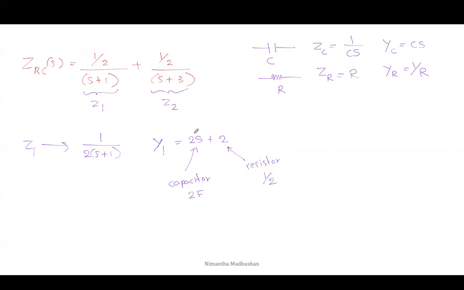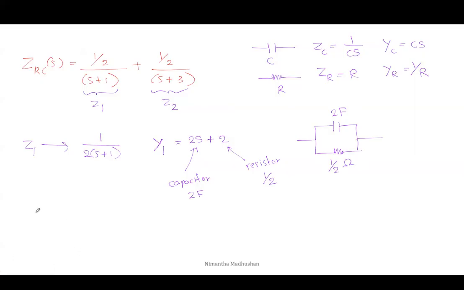These two are admittance values combined by a plus mark, so these two elements are connected in parallel: a capacitor with the value of 2 farad and a resistor with the value of half ohm.